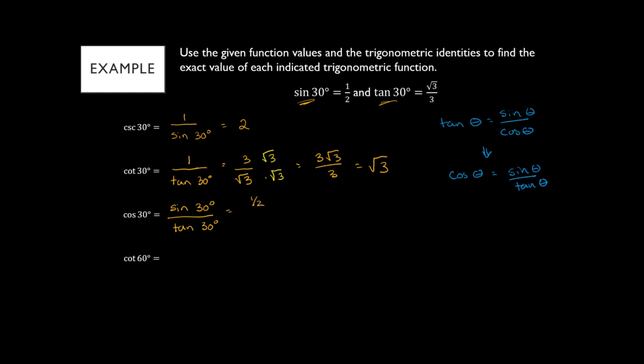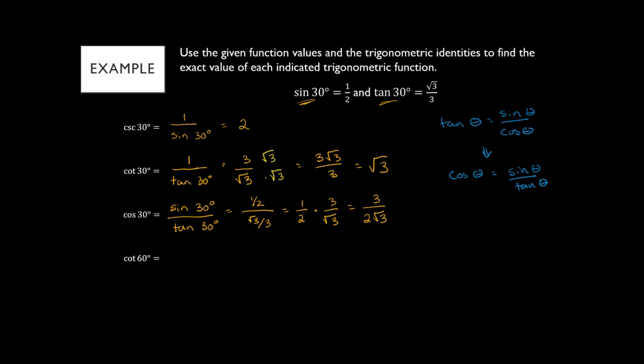So that's 1/2 divided by the square root of 3 over 3. And so dividing a fraction is multiplying by the reciprocal. So that's 1/2 times 3 over the square root of 3. So we have 3 over 2 square roots of 3.